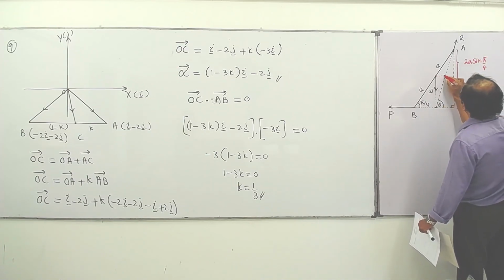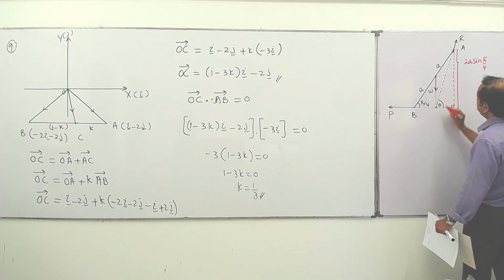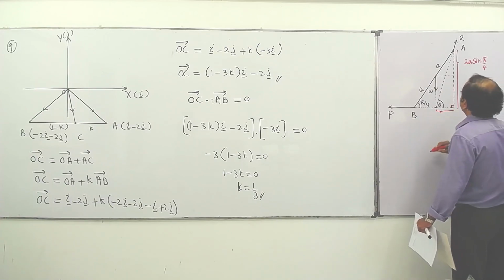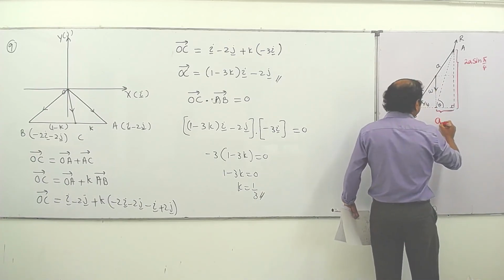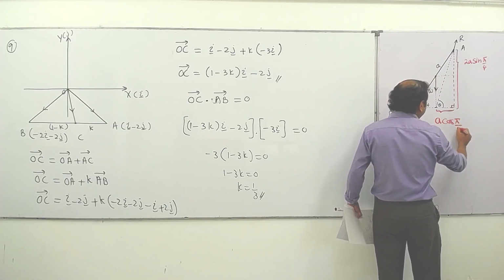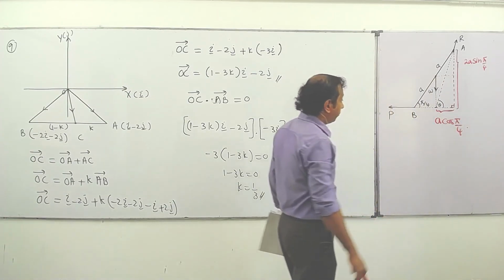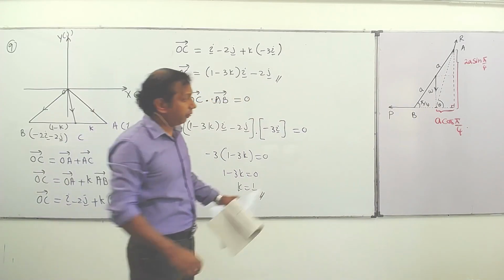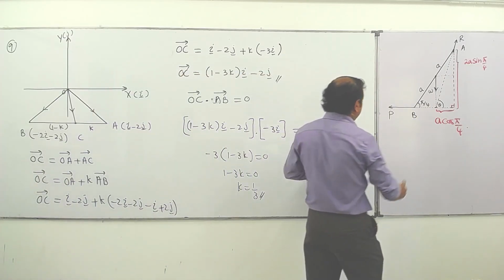And this length also we can write. That length means this length, a cos pi by 4. Then you can write tan theta. How to write tan theta?